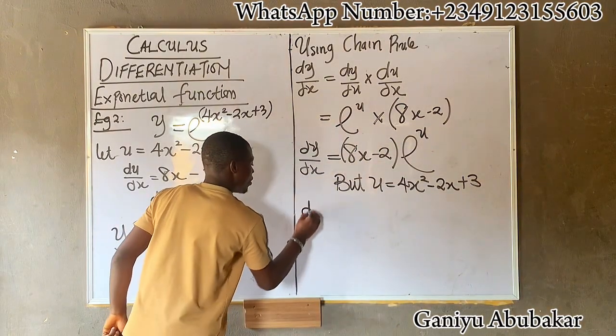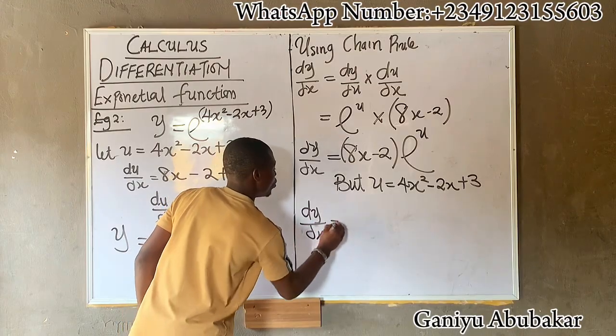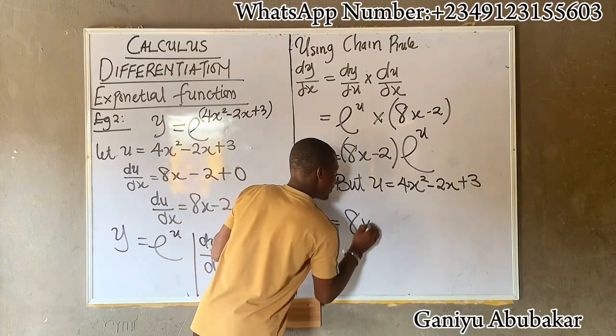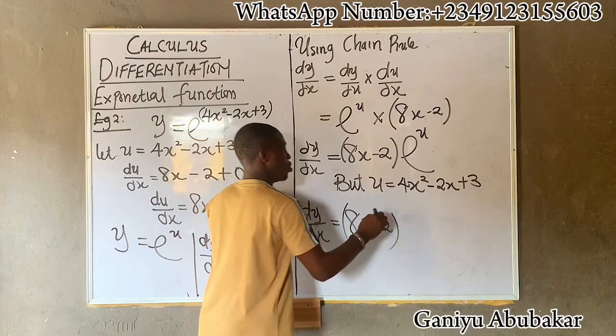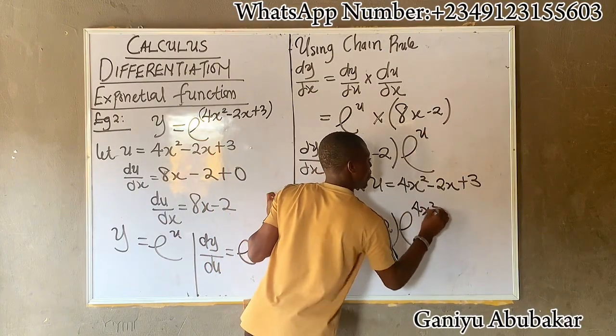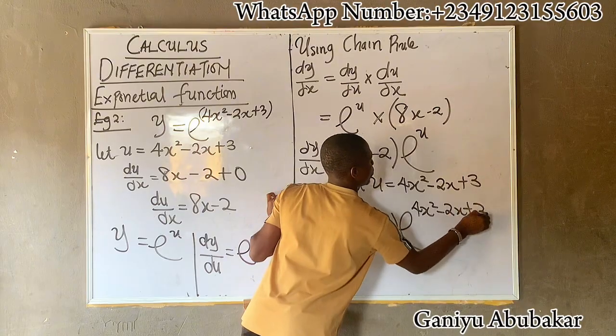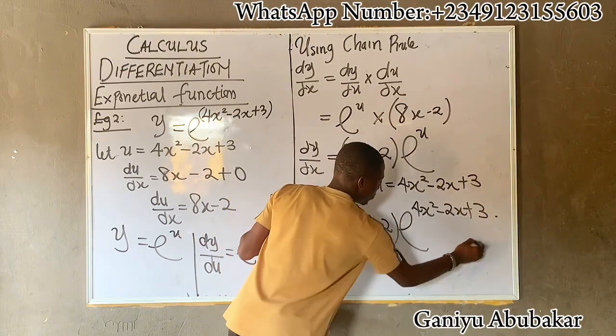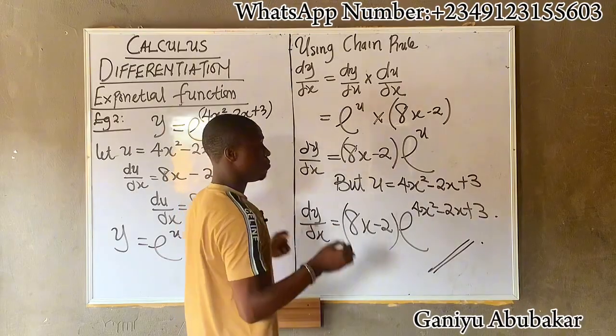So my final answer, dy over dx, is equal to 8x minus 2 exponential of 4x squared minus 2x plus 3. This is how I solve exponential functions of differentiation.